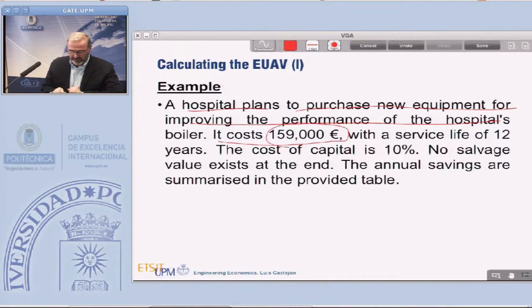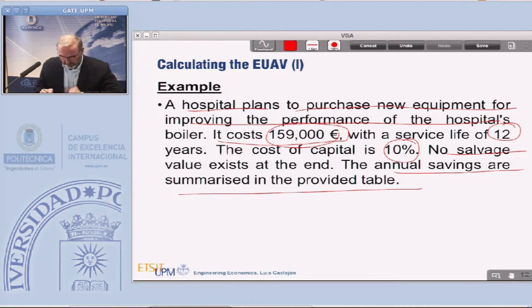This updating of the machine costs 159,000 euros, with a service life of 12 years, the cost of capital is 10 percent, and no salvage value. What are the annual savings of buying this updating of the machine?